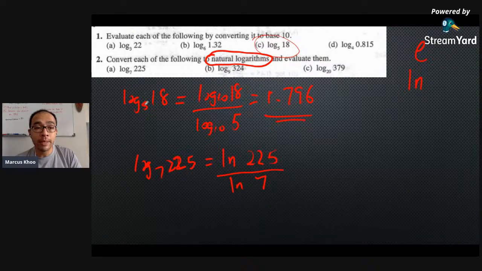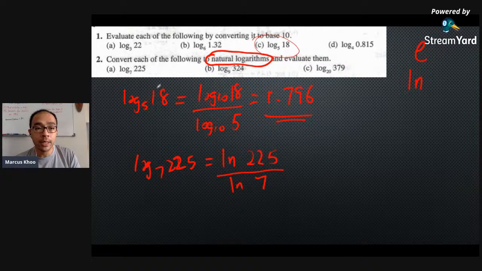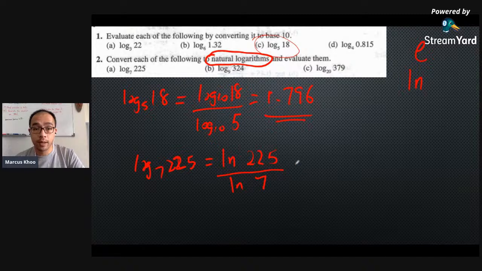Remember the base always goes to the bottom and the number always goes to the top. Then you press ln 225 divided by ln 7, just basic press. So you get 2.783.